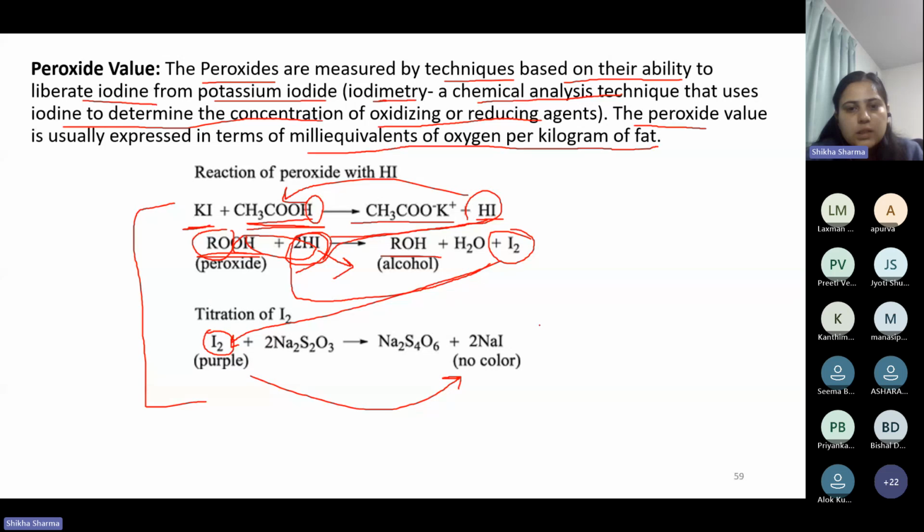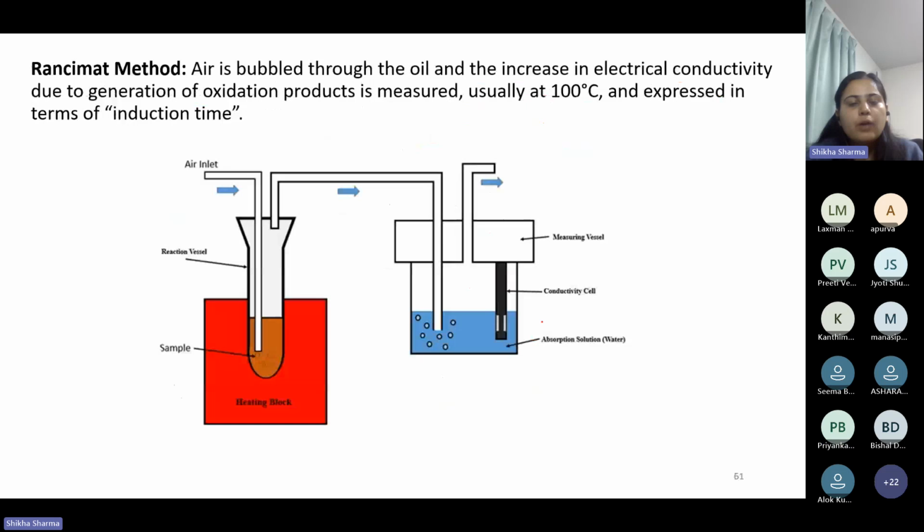The reaction is the same like this in case of iodine value.